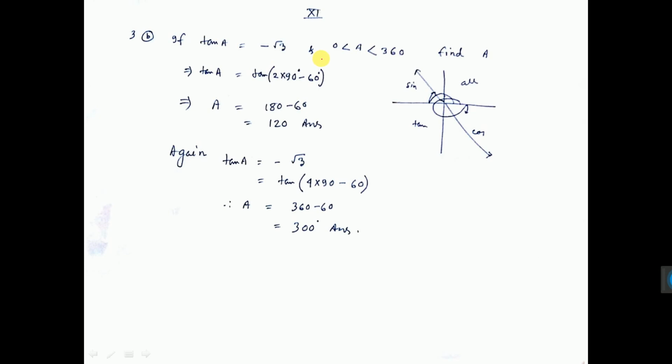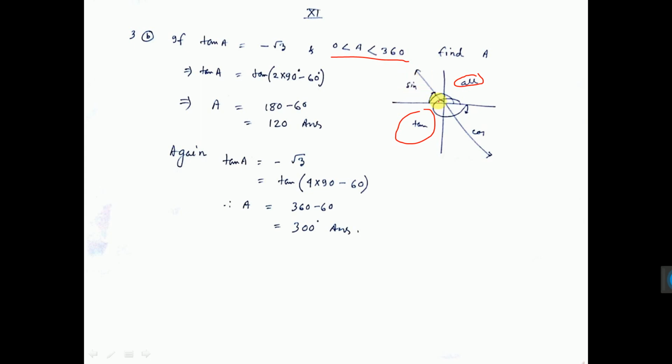Now see this one. It is told that A is in between 0 to 360 degree. Now all sine tan cos. Here in the first quadrant and third quadrant tan is positive, but our root 3 is in negative form. So this is either in the second quadrant or in the fourth quadrant, because in the second quadrant sine is positive and in the fourth quadrant cos is positive, but tan is negative.